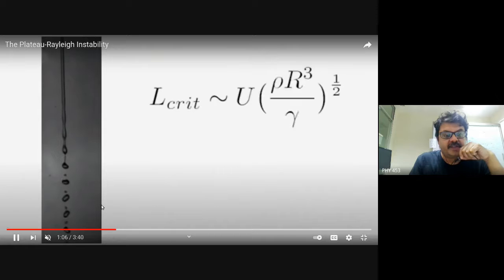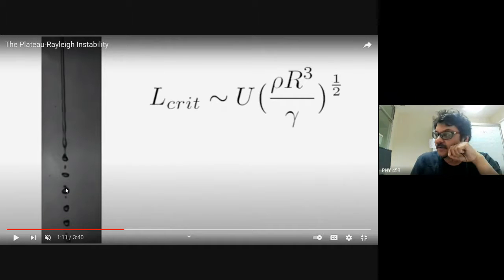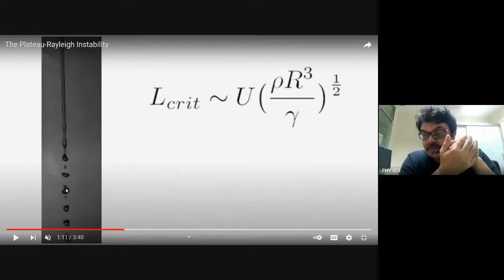If you see carefully, with each droplet there is an additional smaller droplet. So there's one big droplet, a small droplet, a big droplet, and a small droplet. I don't know the reasons for it. Here you see again big droplet, small droplet. Why there should be a sequence of big and small droplets, I don't know.